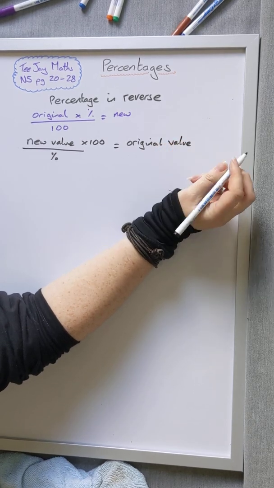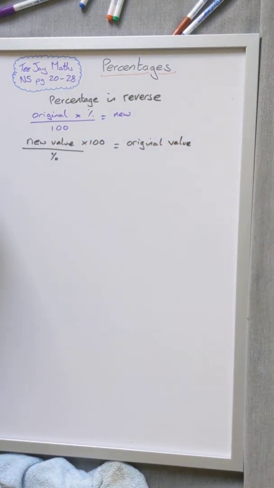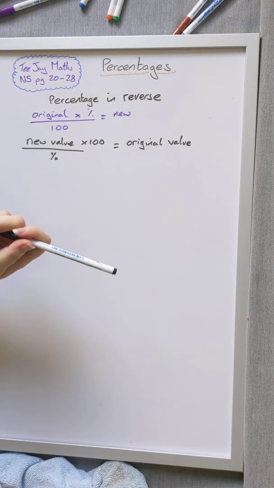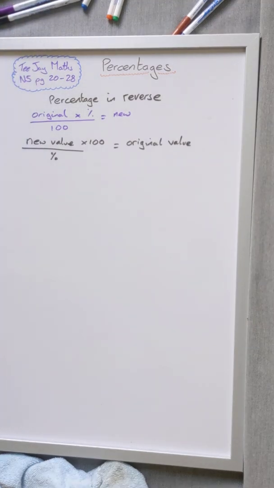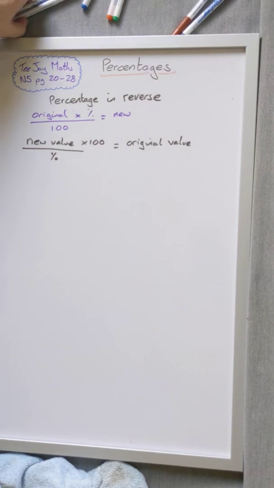If you want to test this out for yourself, try converting something from its original value into a new value and then converting it back. It's very good practice. So again, first things first, we're going to find our percentage before we do all else. Find out where our 100% is and take things from there.